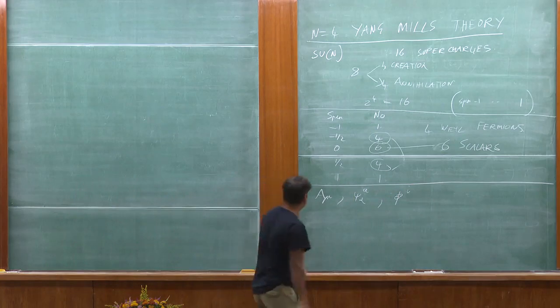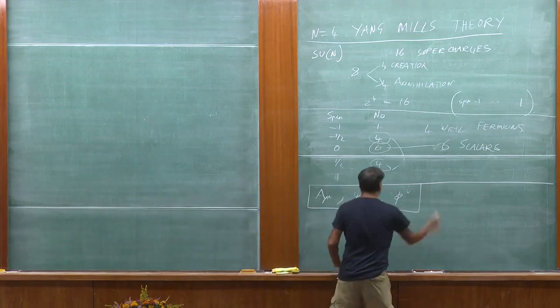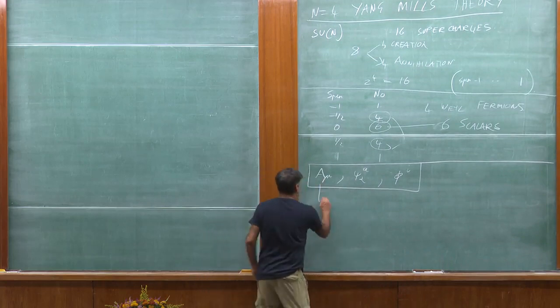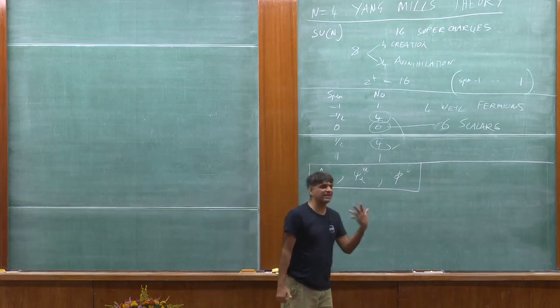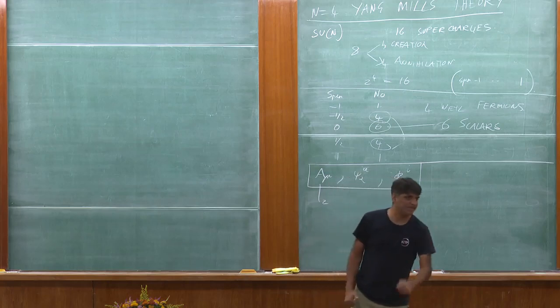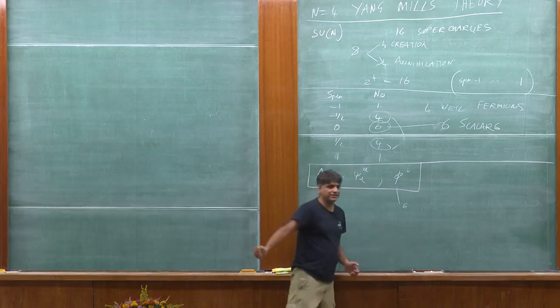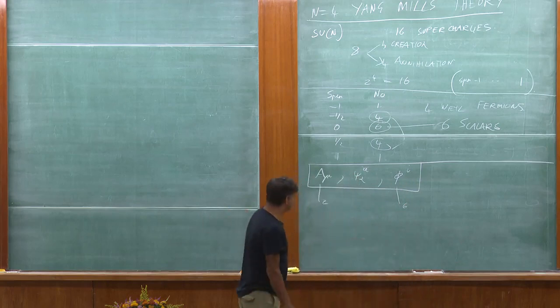Okay, just to make sure we've got everything right, let's count degrees of freedom. Bosonic degrees of freedom here, counting one scalar degree of freedom as 1. There are 2 bosonic degrees of freedom in the massless gauge field. There are 6 bosonic degrees of freedom in 6 scalars.